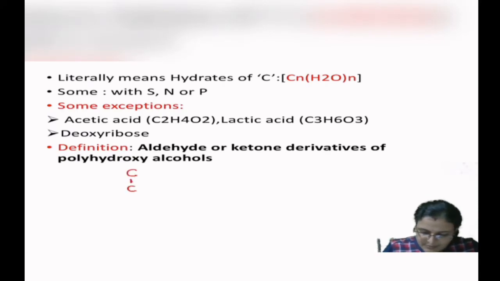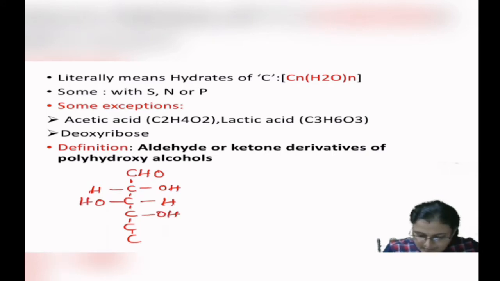See the structure of glucose. Glucose contains 6 carbon atoms: 1, 2, 3, 4, 5, 6. You have to know how to draw the structure, then only you can memorize its properties and isomerisms. Two hydroxyl groups, then CH2OH.